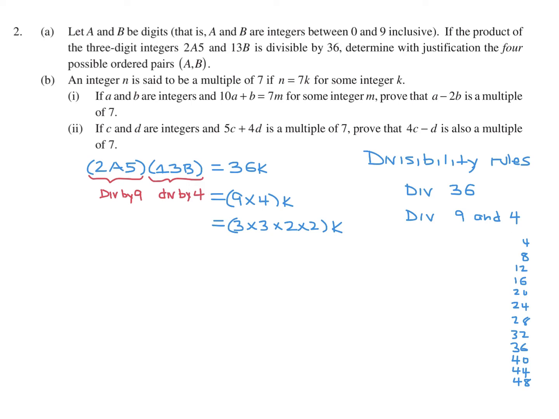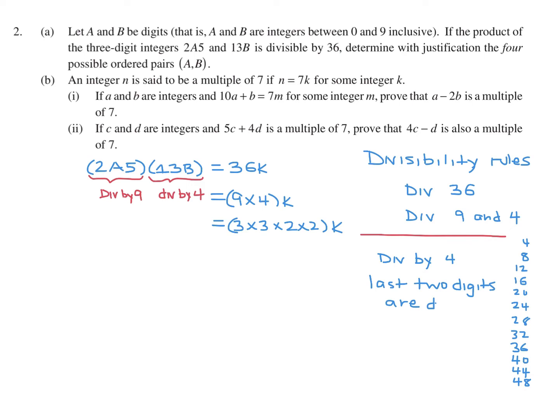Now, 13b, whatever that number is, is divisible by 4. Here we go with another divisibility rule, which you may not have remembered. If something is divisible by 4, then its last two digits are divisible by 4.